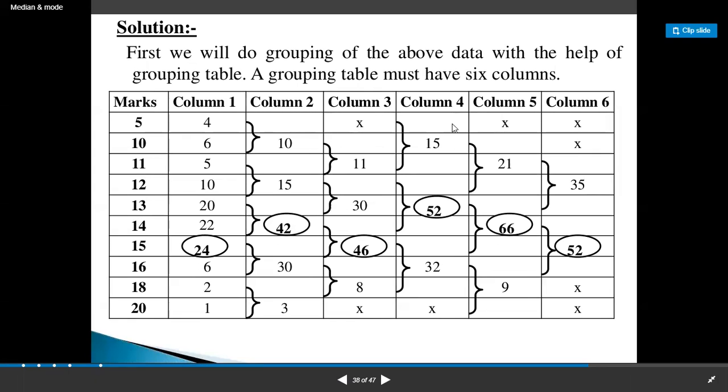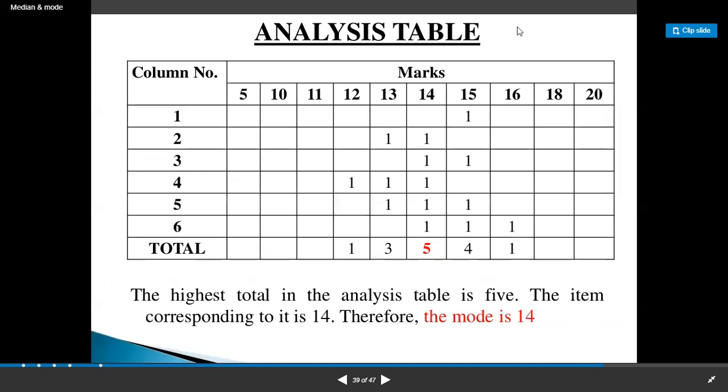In column number 5, 66 is the biggest figure, and 66 is the total of 20, 22 and 24, which come under 13, 14 and 15. So we have marked 13, 14 and 15 here, and 12, 13 and 14 there.